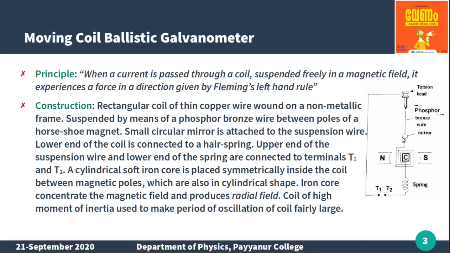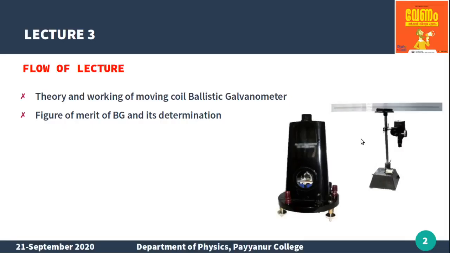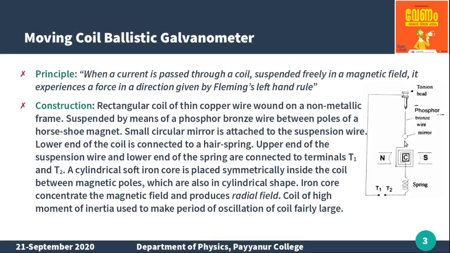A small concave mirror, a circular mirror, is attached to the suspension wire. The lower end of the wire is connected to a spring, and the lower end of the spring is connected to the terminal T2.